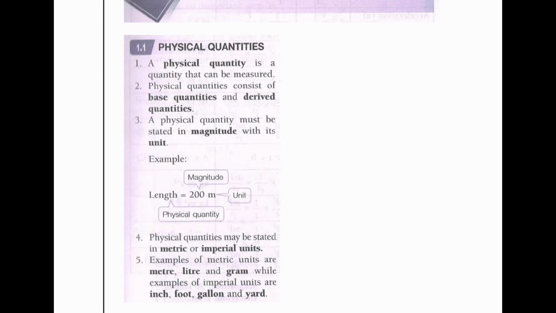For example, mass, volume, length, and so on. All these are physical quantities, something that you can measure. So that's why the definition: a physical quantity is a quantity that can be measured. So you can measure mass, volume and length.